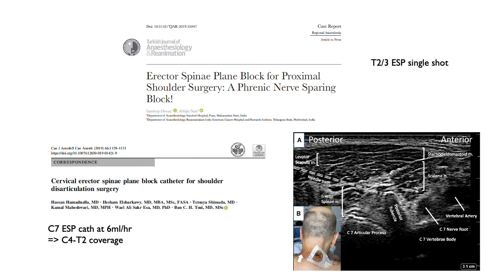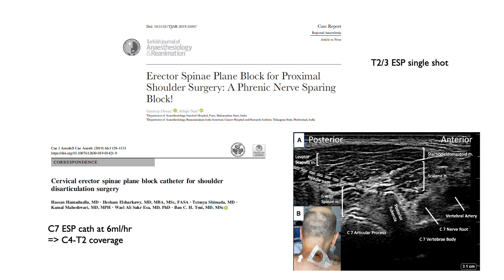For those who are not familiar with the anatomy, they would query how to put an erector spinae plane block at the C7 level. Now, by analogy of the anatomy, they will put the local anesthetic or the catheter at the posterior tubercle of C7, okay?